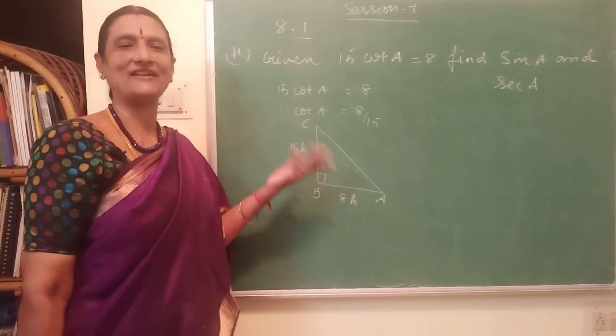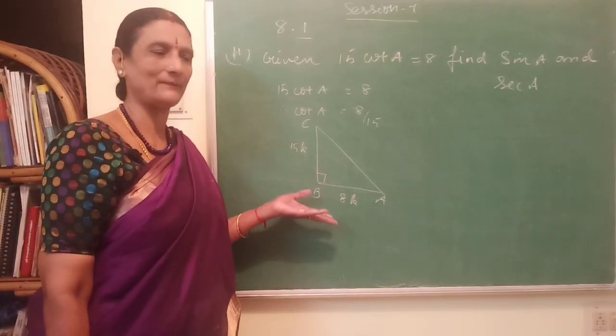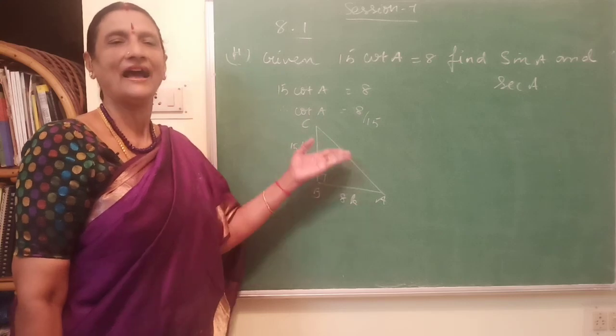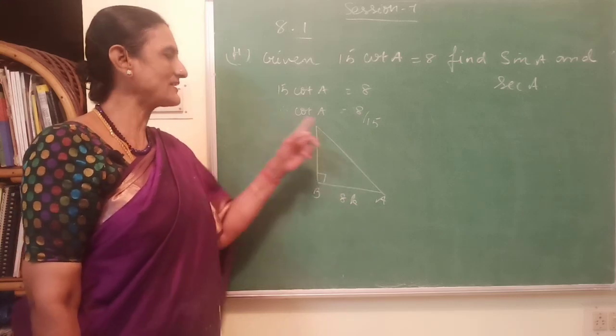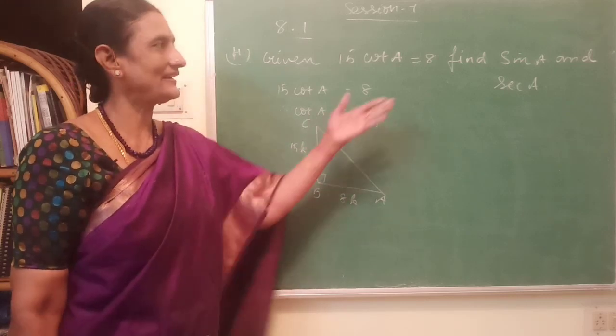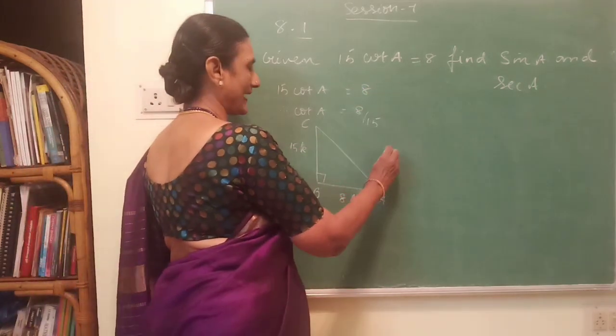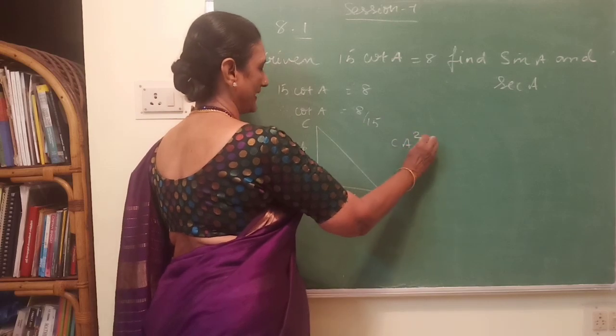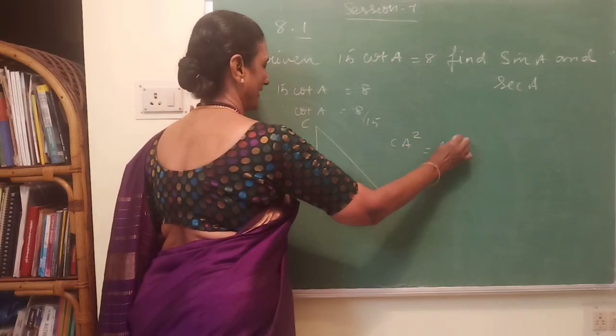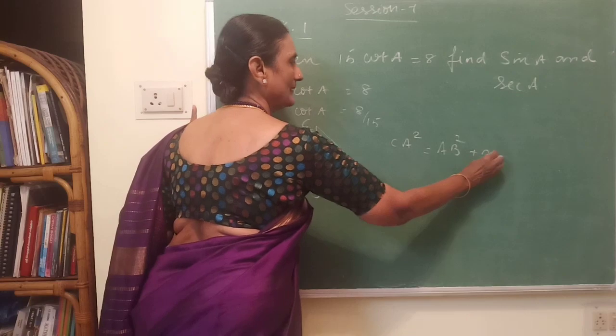Now the procedure is very simple, like how we did in the previous sum. You have to find out CA. Once all these three sides are known, it is easier to calculate sin A and secant A. From triangle ABC, CA square is equal to AB square plus BC square.